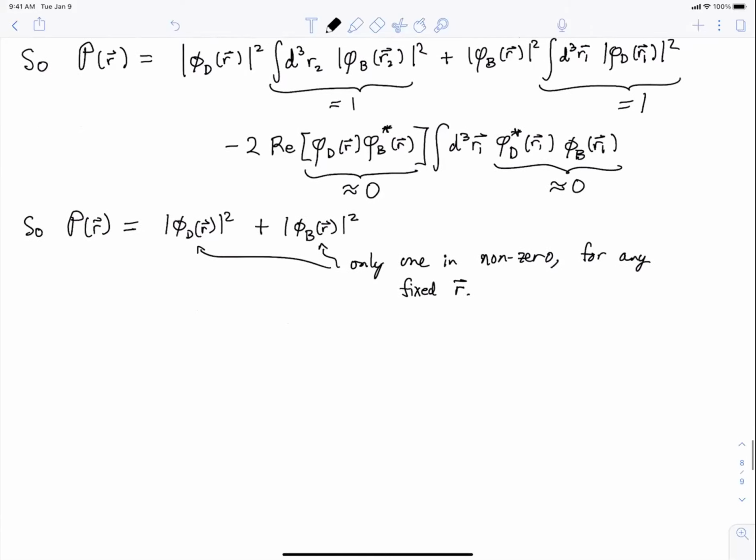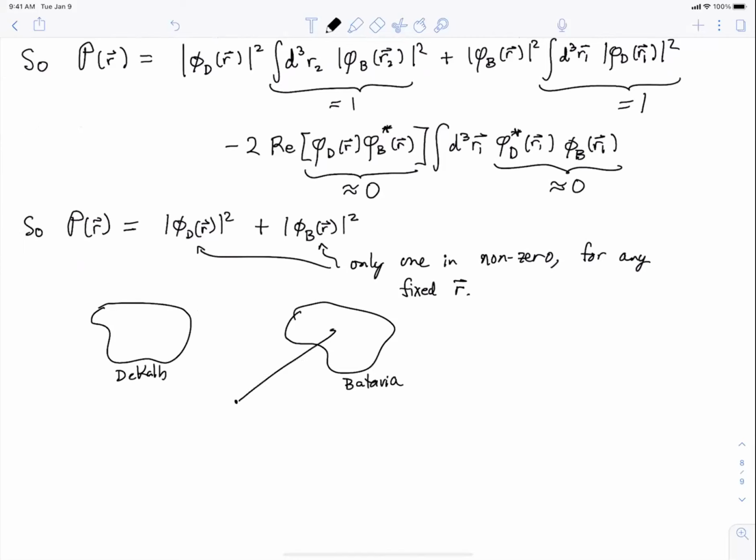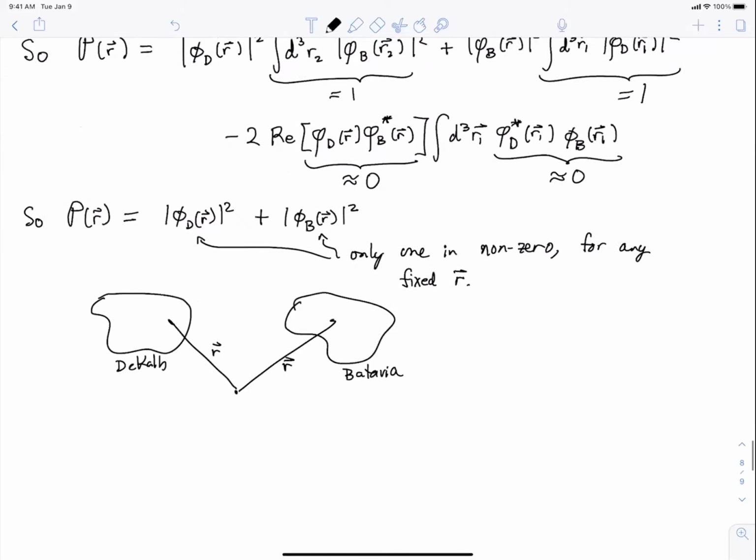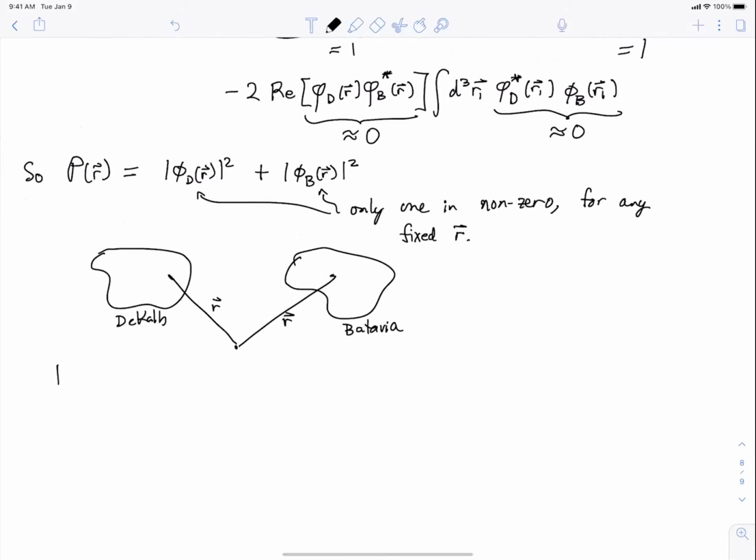Okay, so another way of writing that is, if I draw a little domain here for DeKalb, and another little domain here for Batavia, and if I draw vectors from here to here and here to here, my probability density at any given point is one or the other.